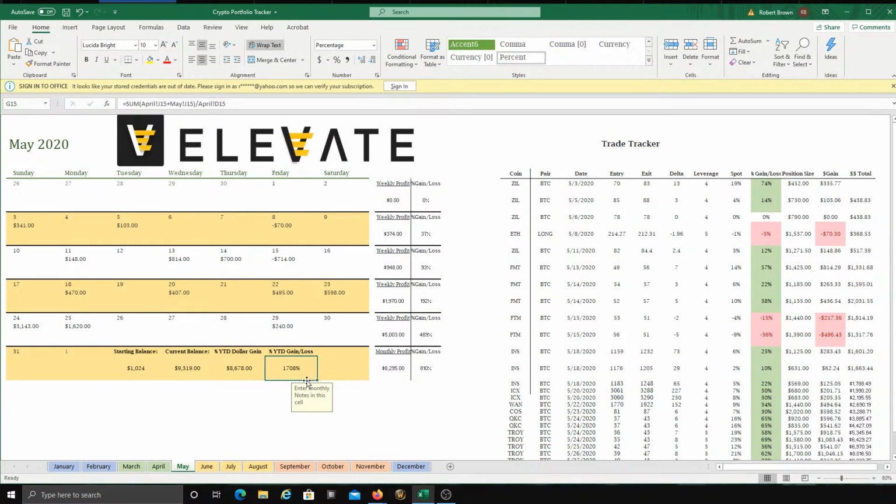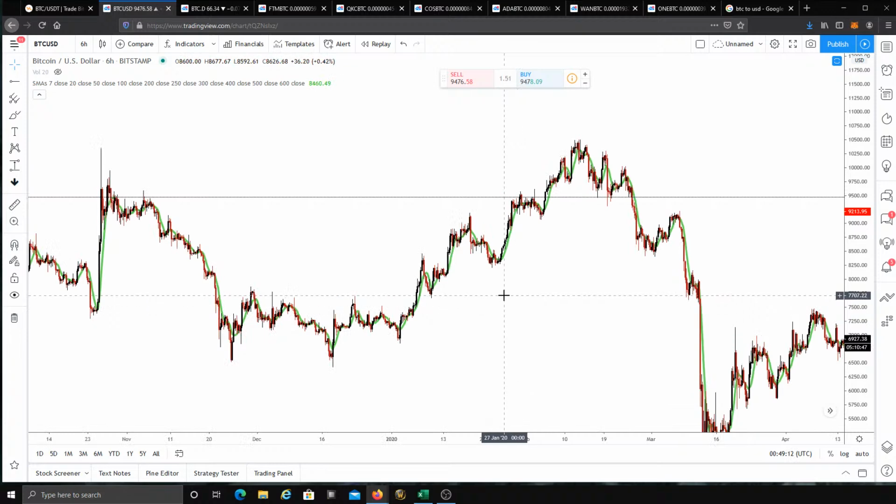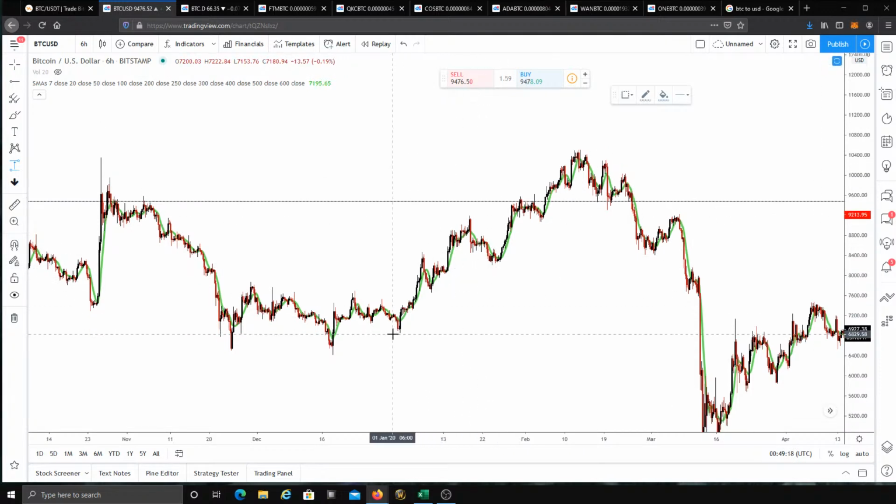Obviously here we're at 1,700% gains, but it was easier to make those kind of gains with a smaller portfolio than it was with $6,000. So I was able to spread out a little bit more, some losses, some gains, and whatnot. So from the beginning of February, somewhere around here, all the way up here, $6,000 to $36,000 profit.